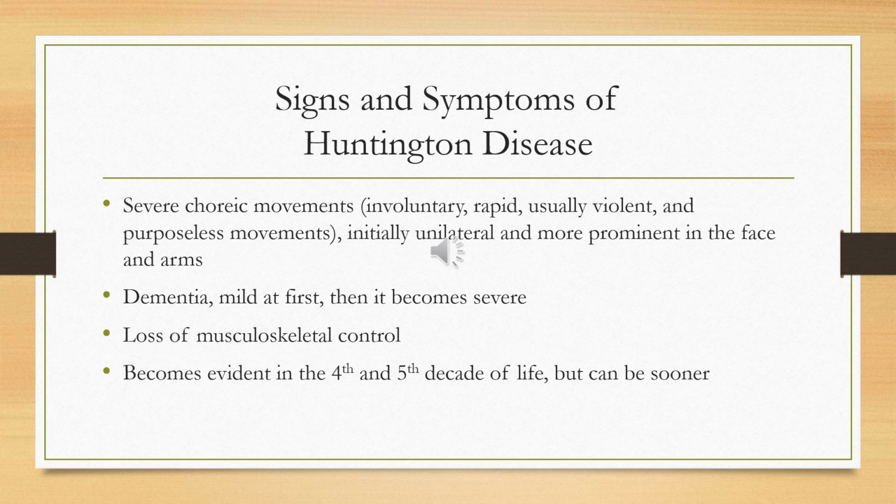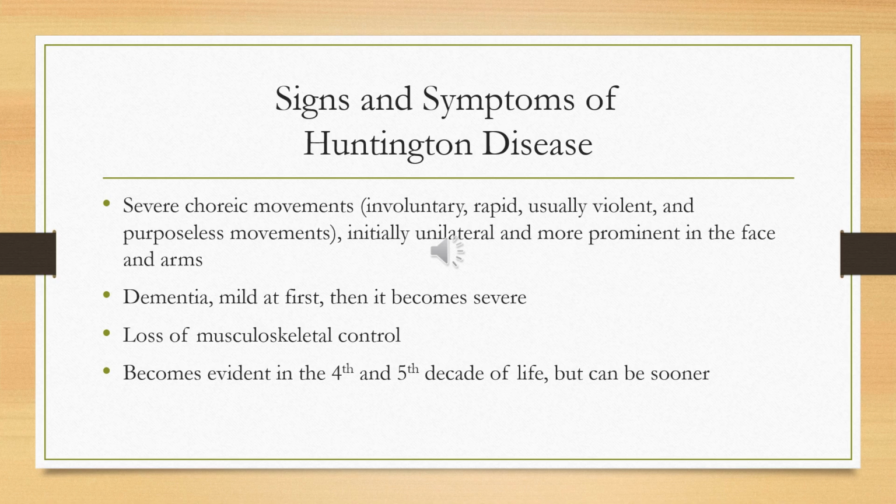Initially, it's unilateral, and then more prominent in the face and arms than in the legs. Dementia, like I said previously, usually mild at first, and then it starts to get more severe. Loss of musculoskeletal control.